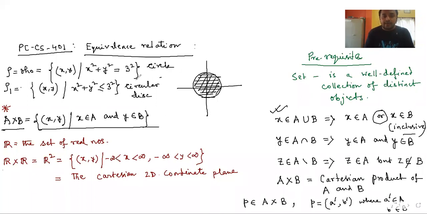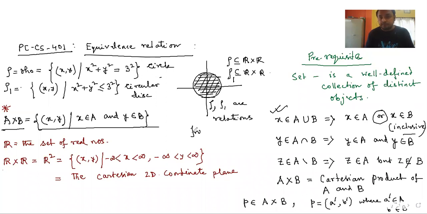All the points present in the boundary of the circle, or in the circular disk, are also points from this two-dimensional coordinate plane, R cross R. Therefore both rho and rho 1 are subsets of R cross R, and both of them are actually relations by the definition.